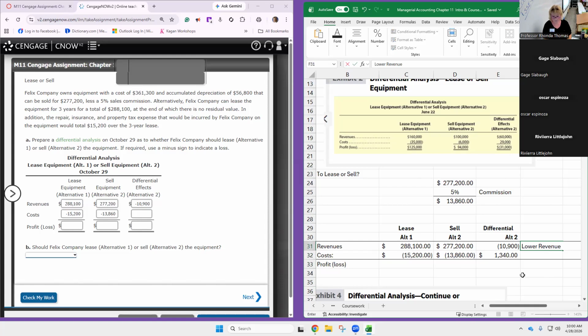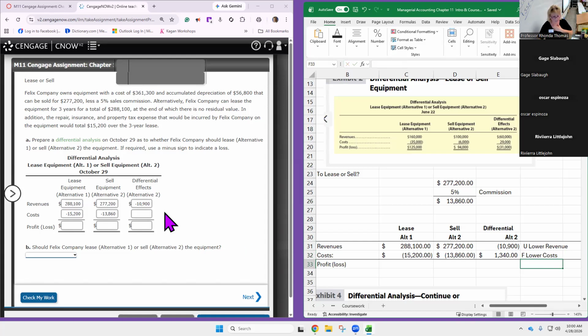I'm just going to put that next to it so you can think about it. But lower costs are actually a good thing. Looking at it from this point of view, favorable is lower costs.